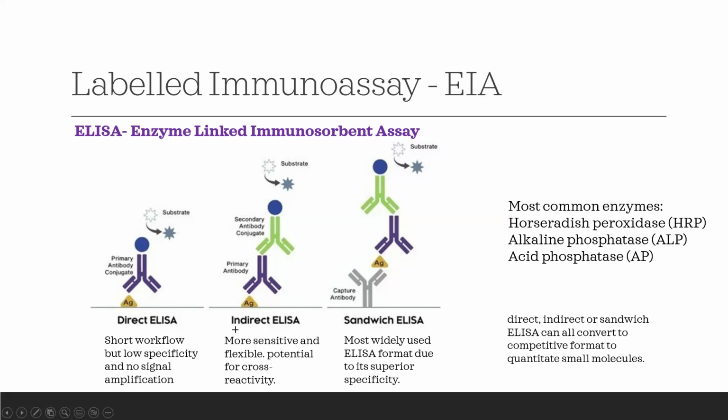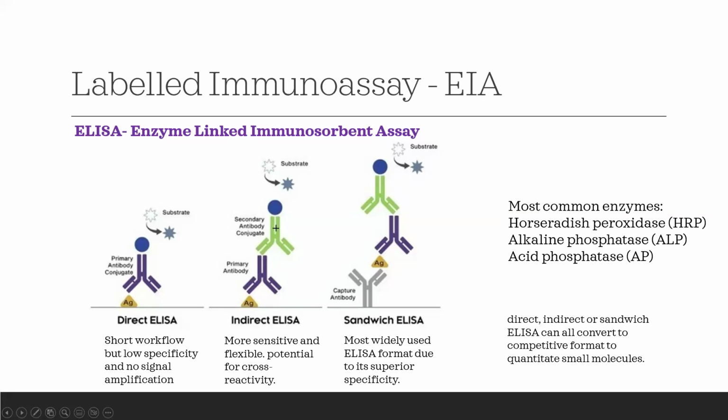Then they developed the more superior one, which is called the indirect ELISA. Indirect ELISA is similar in the first two steps. The antigen is attached to the floor, and we introduce the primary antibody that can bind with the antigen, but the primary antibody itself doesn't have any conjugate.